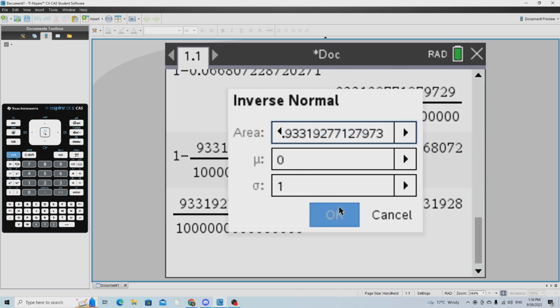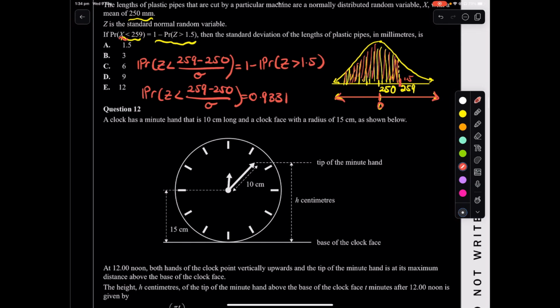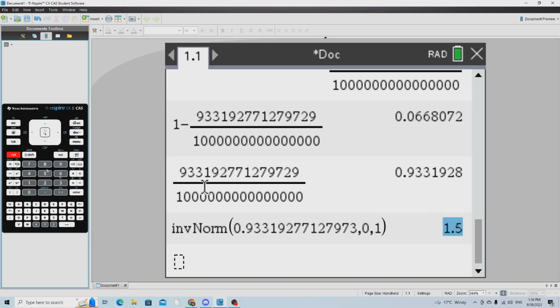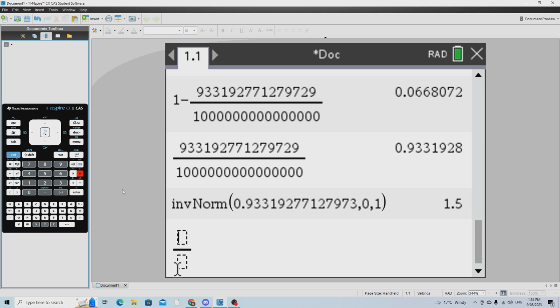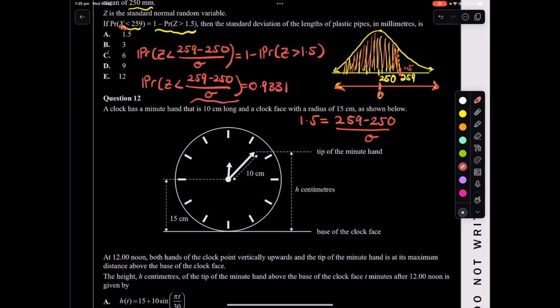That's your area, and we get 1.5. So this value over here, 1.5, is equal to 259 minus 250 all over theta. That's very easy. Your standard deviation is 9 over 1.5, which is 6. So C is your answer for that one.